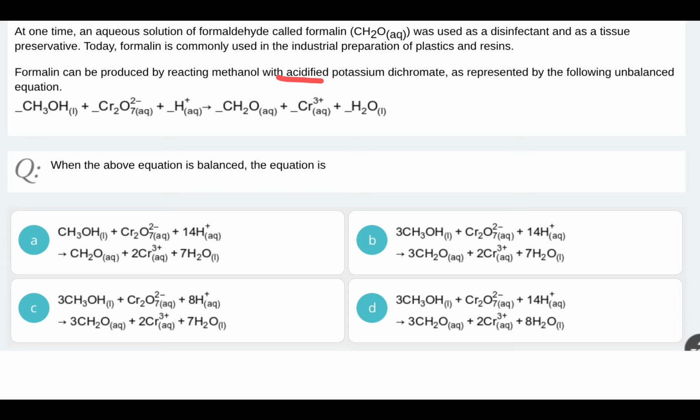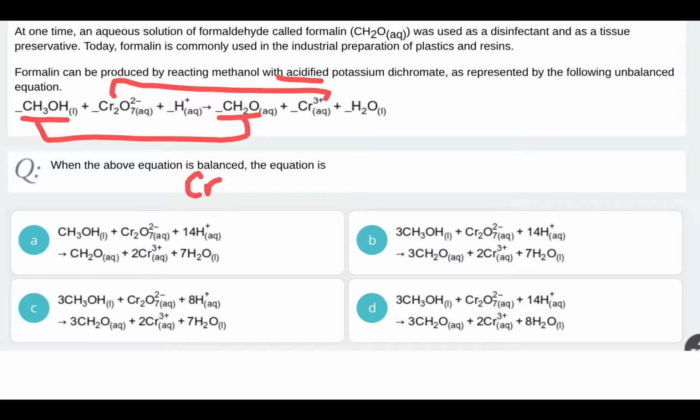To do that, I'm just going to take a look at my reaction and see what's related. For instance, these two would be related, and the one with chromium turning into chromium 3 positive would be related. So I'm going to start with writing that out. Cr2O7 with a charge of -2 turning into chromium 3 positive.